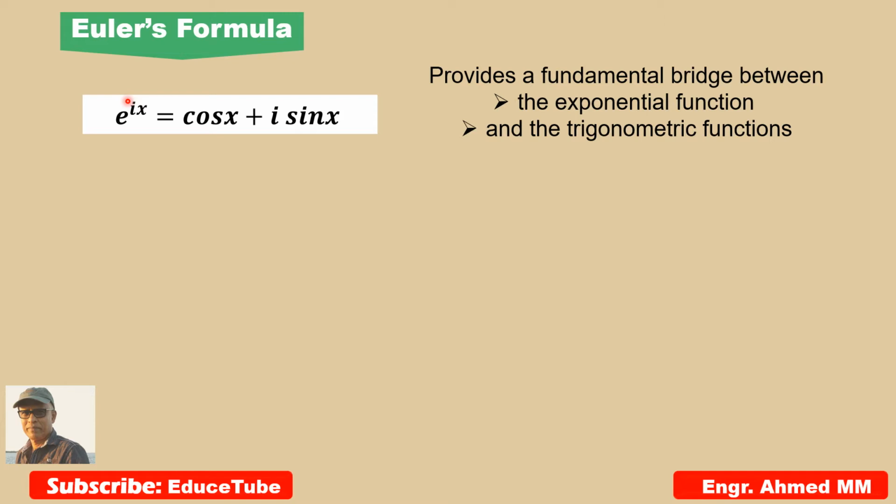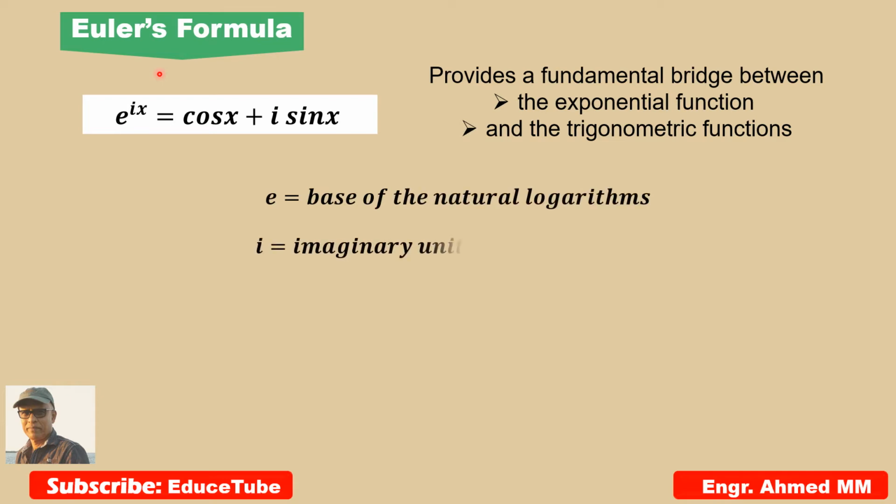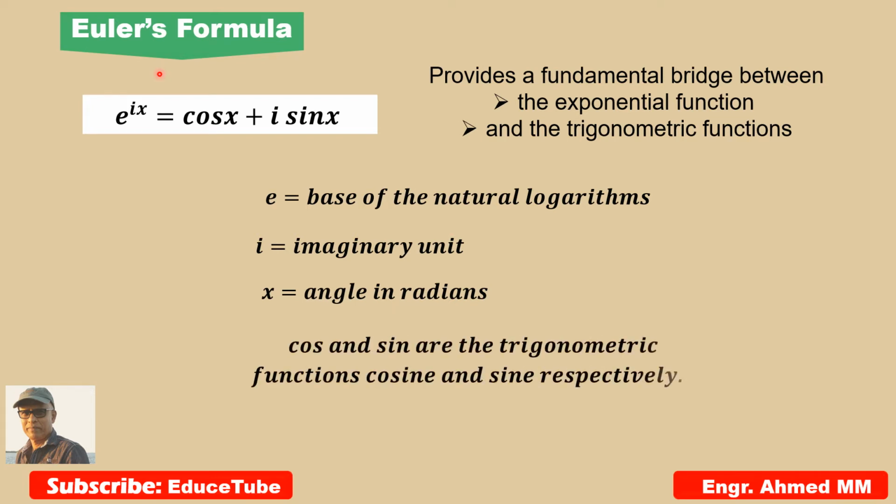Now in this equation, e to the power ix equals cos x plus i sin x. In this formula, e is the base of the natural logarithms, i is the imaginary unit, x is the angle in radians, and cos and sin are the trigonometric functions cosine and sine respectively.